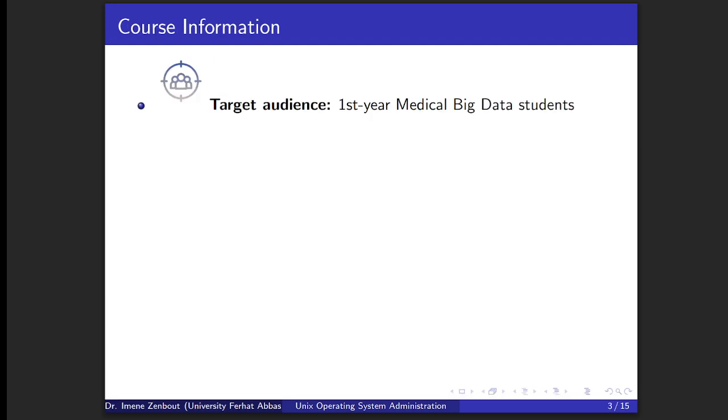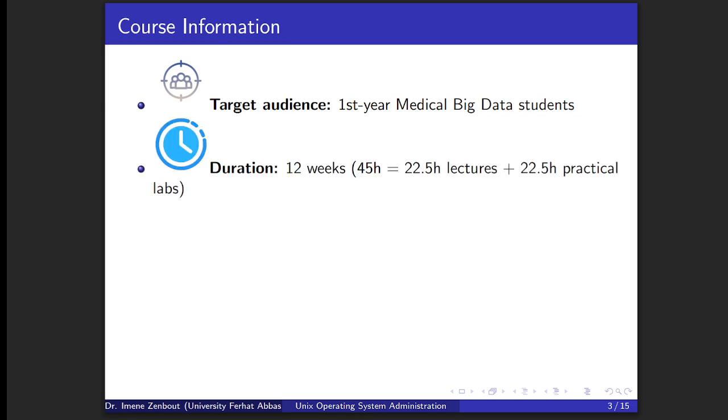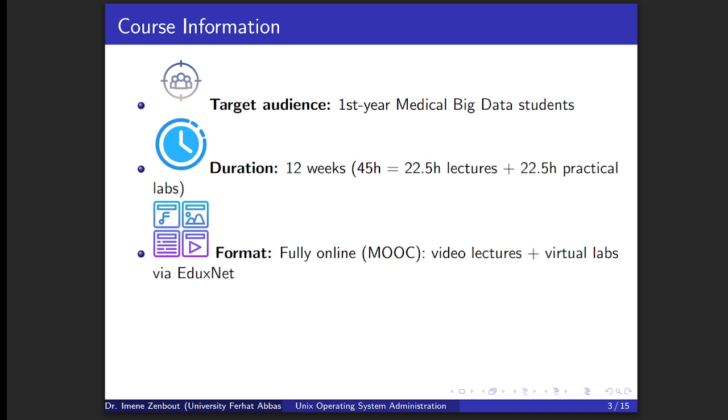Now let's go to the course information and who this MOOC targets. This MOOC targets first-year medical big data students or other students who want to gain knowledge in Unix administration systems. It will take about 12 weeks with a total of 45 hours divided equally between lectures and practical labs.